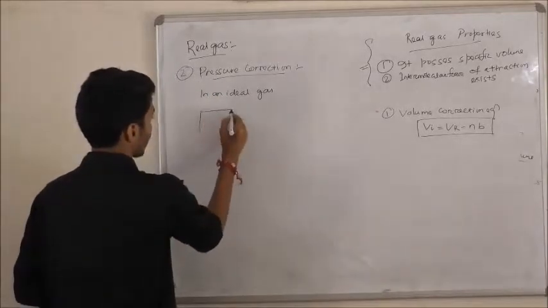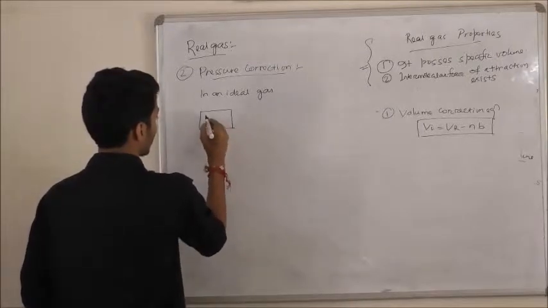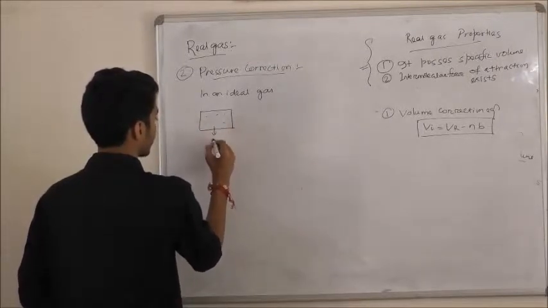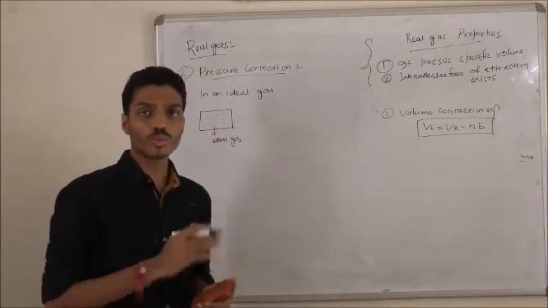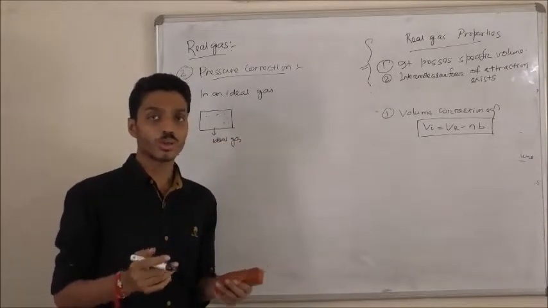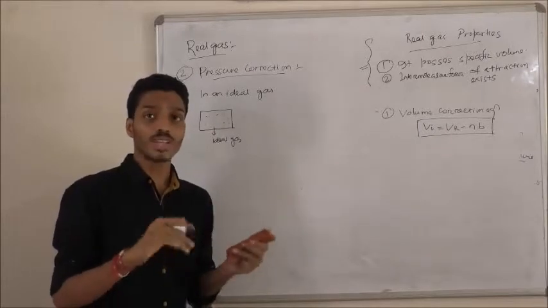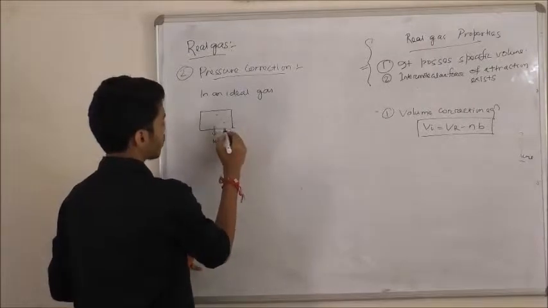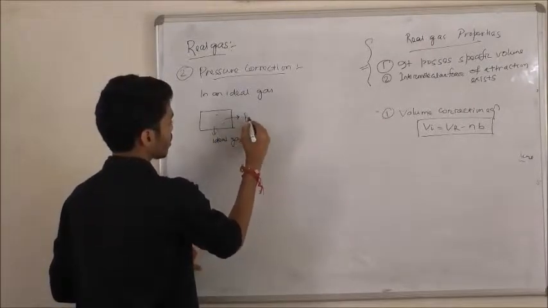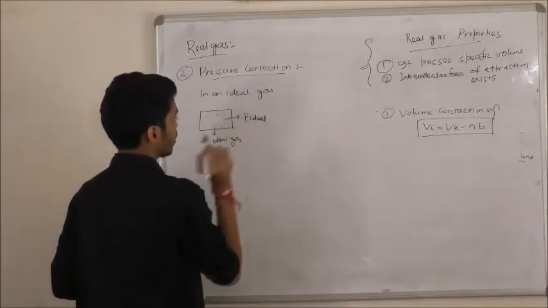Suppose this is an ideal gas, then the intermolecular force of attraction between the gas molecules is 0, according to the ideal gas law. And suppose the pressure exerted here is P ideal.